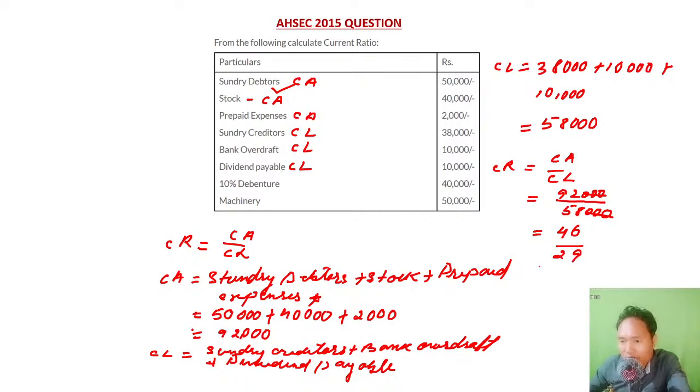It means the ratio is 46:29. Try to convert this ratio to the lowest form. So this is the solution for the 2015 question paper based on current ratio.